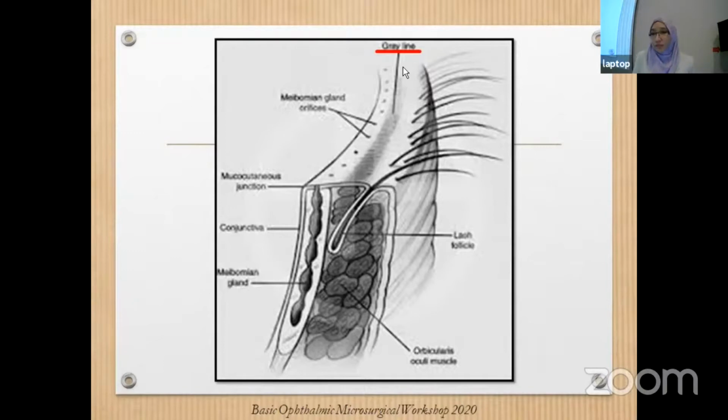So this is the grey line. This is the first structure you need to identify. You must anchor this one first before you proceed with the rest. Otherwise, the anatomy is out and it becomes entropion or ectropion like that. So you must identify this first, then we proceed with the other suturing.